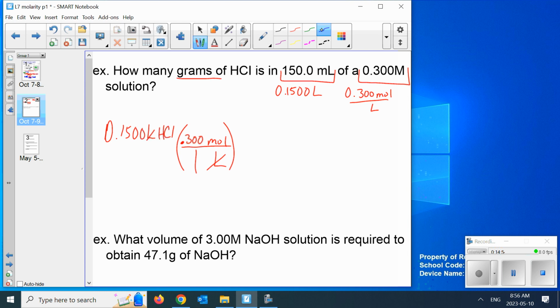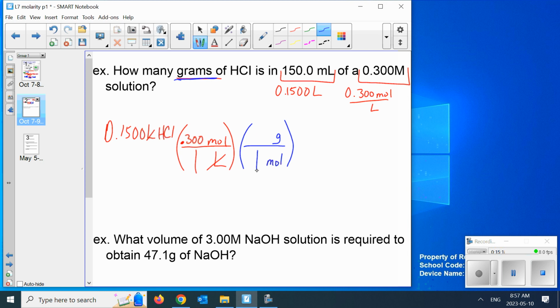But we have the skill, we're going to work on the skill, two-step calculation. I don't want to end up with moles. I want to stop and get grams. So I want to get rid of moles. Here's grams. So I know the periodic table. If I say 1 mole weighs however many grams of HCl, I keep going to look at it.